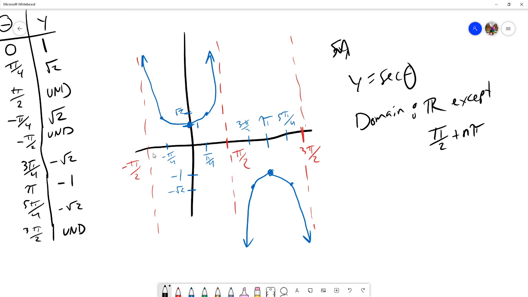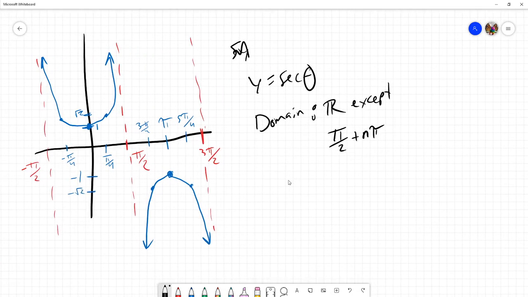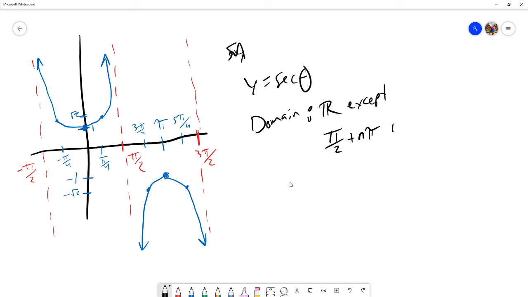The distance from negative pi over 2 to pi over 2 is 1 pi, similar from pi over 2 to 3 pi over 2. So if I add integer multiples of pi to pi over 2, that will give me every single asymptote for all of infinity. So we're going to say all real numbers except pi over 2 plus n pi, where n is an integer.